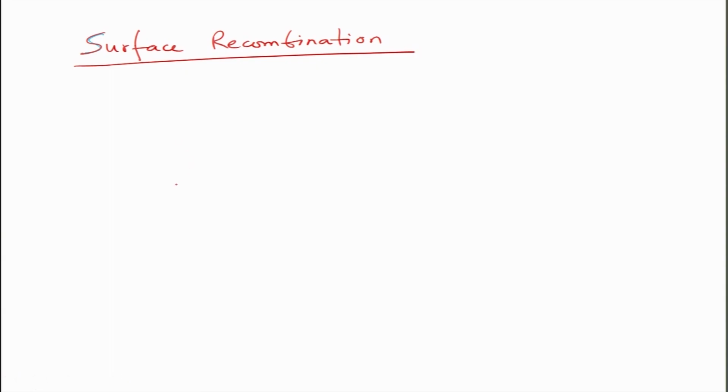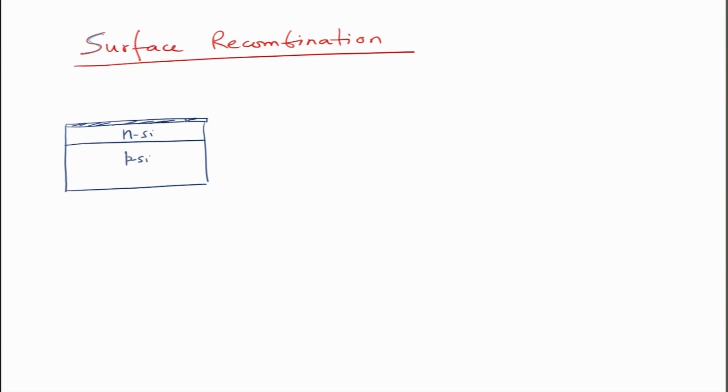Surface recombination, there are a lot of things people do. So, for instance, if you have a solar cell like this, you have N silicon, you have P silicon. What generally people do is they make a layer of silicon oxide on the top surface.